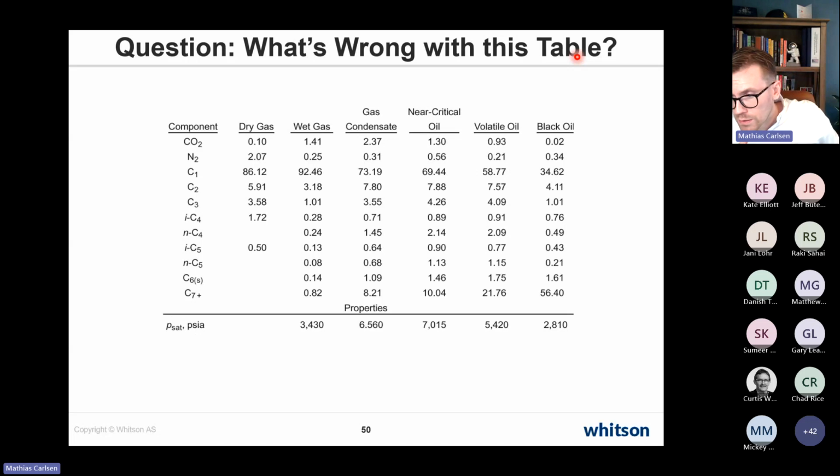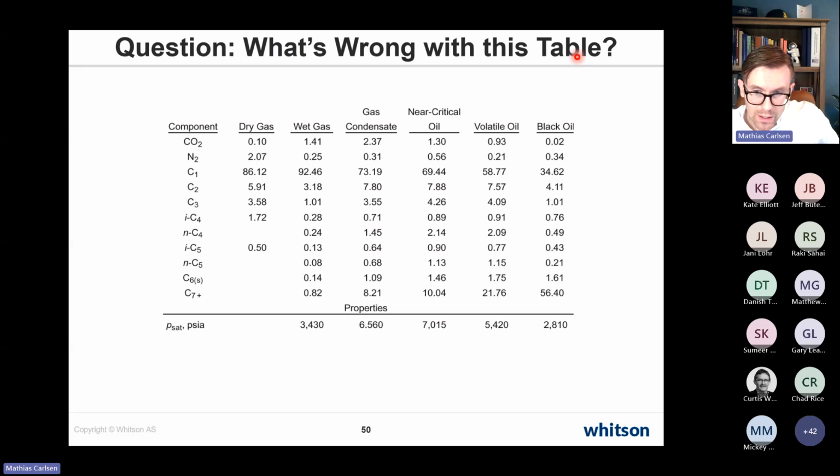If it has a dew point, it must be a reservoir gas condensate. And the definition for a wet gas and a dry gas is that neither of them have a saturation pressure in the reservoir. And that a dry gas doesn't produce liquid at surface while a wet gas does.